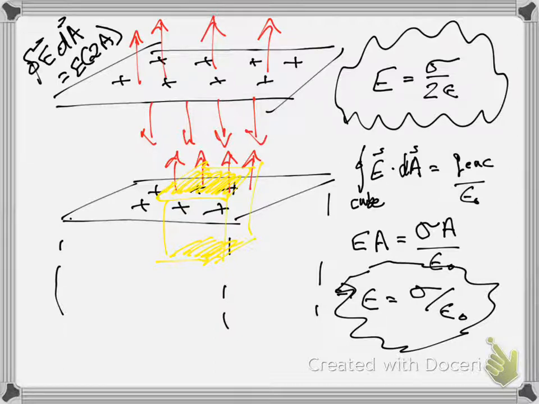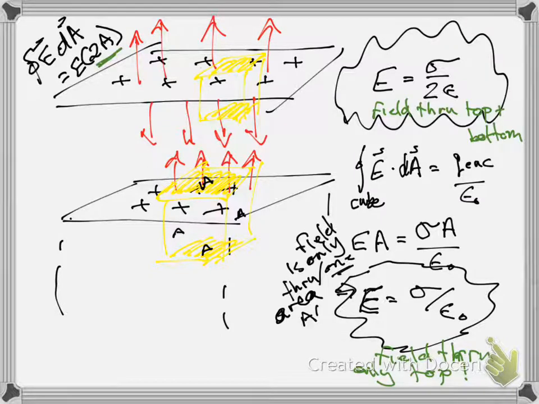They're moving certainly until they're in equilibrium, but it's just a different situation. It's a surprising result, at least sometimes it's surprising to me, that the field near the surface of a conducting volume is sigma over epsilon 0. It's twice as much as the field due to a plane of charge.